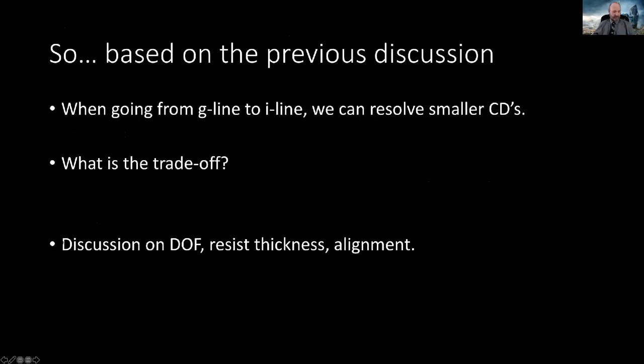Let's see. Got to move some boxes around here. When going from G to I line, now we're going from the higher wavelength to the lower wavelength, we can make smaller CDs. By CDs, I mean critical dimensions. So the smaller the CD, the smaller I can print. Not everything that you print is critical.